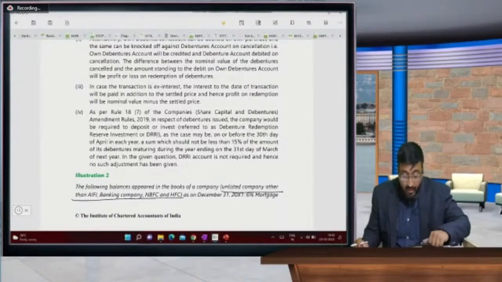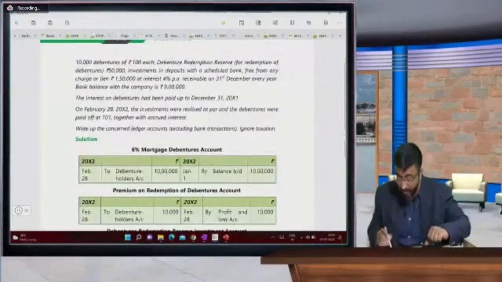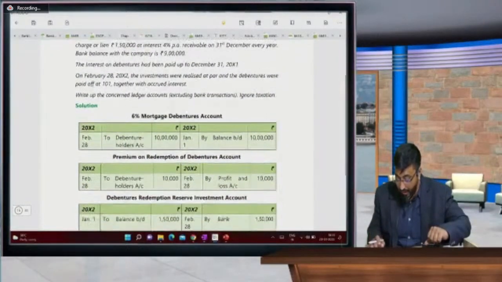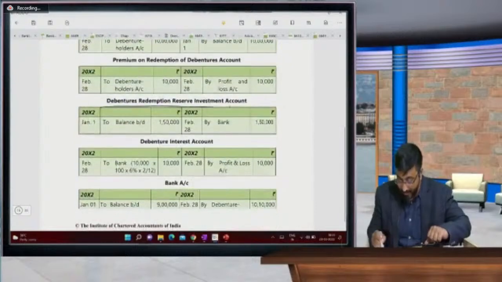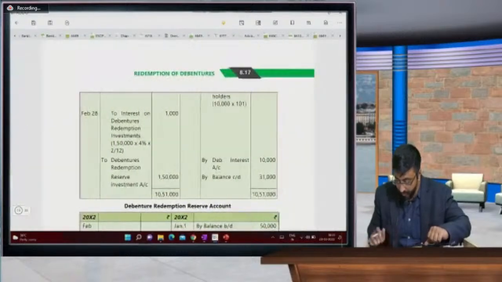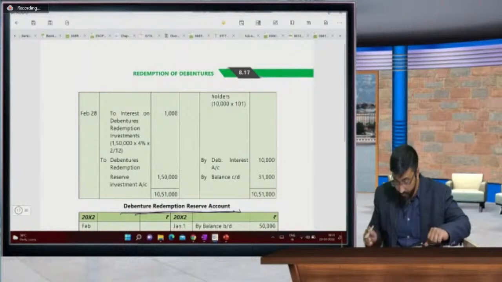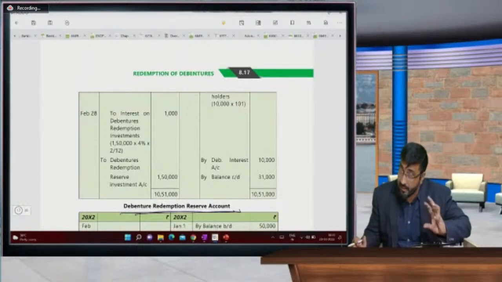So whenever ICI will ask you this question, ICI will always give you "other than", and then they will ask you for DRR account. So now DRR account will be asked. Other than NBFC, AIFI, the sentences will be there. So it is unlisted company.